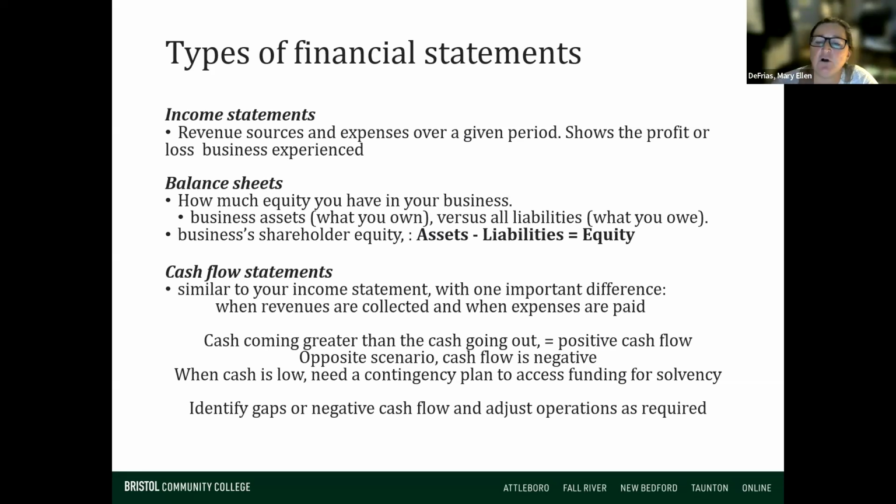And when cash is low, you need a contingency plan to access funds for solvency. Maybe there's a certain period where you have a lot of bills due, but you don't have a lot of money coming in. So you might have a line of credit that will lend you money for those low periods.